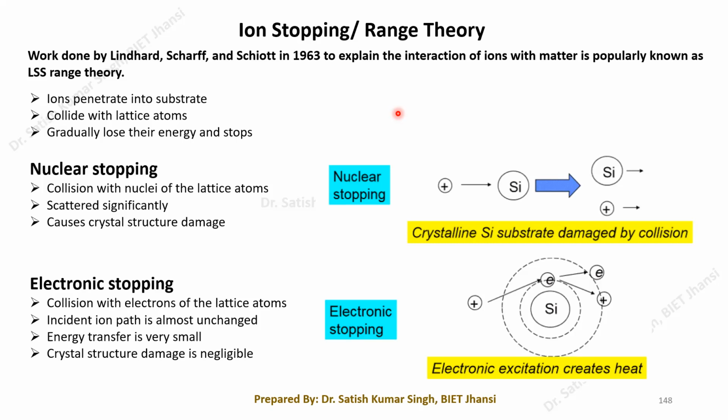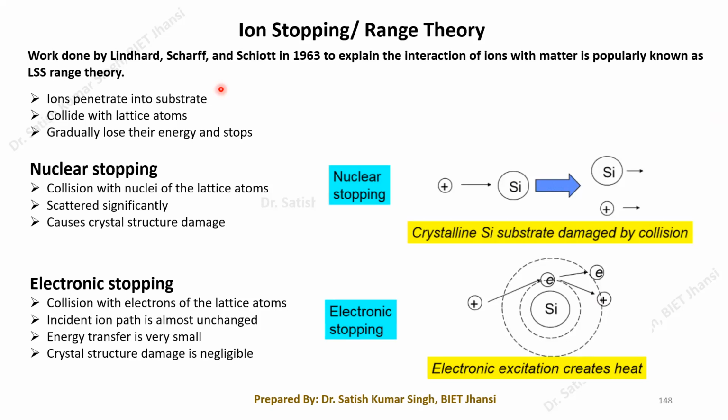This particular theory was developed by these three scientists. One more important thing is that there are already many theories about atoms that have been developed. In 1911 Rutherford explained a certain theory of how ion beams interact with any material.